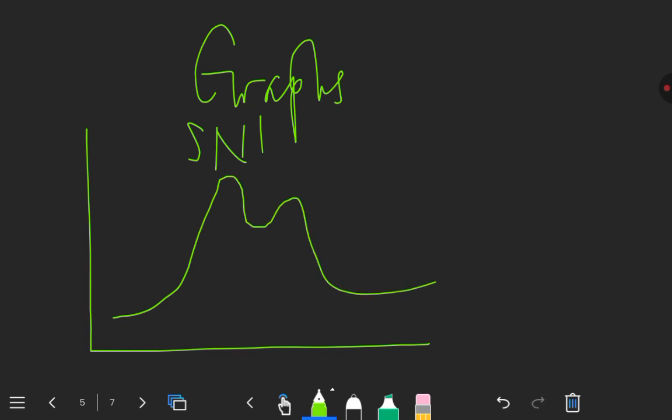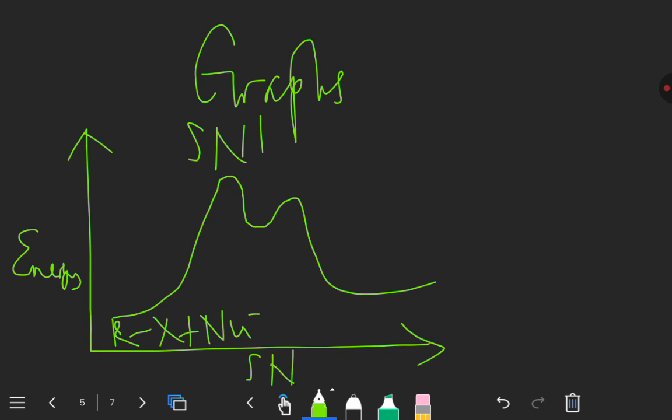Okay. So this is for SN1. Then for SN2, okay, so for SN1 reaction, it's moved like that. Then we have this group, okay, plus the nucleophile attacking this side. So if this is the graph, we have like that. Then here there is energy. Then here this is for SN1.